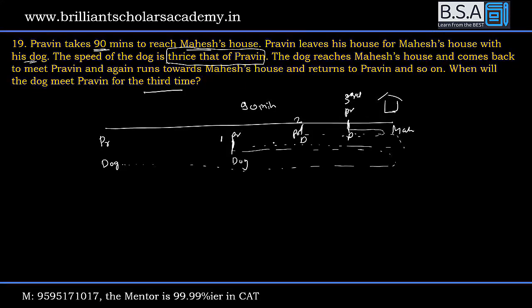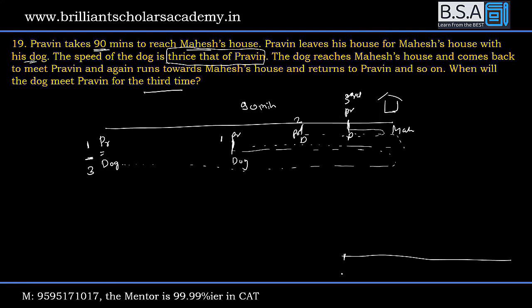So one beautiful thing we know is the speed ratio is 1/3. अगर प्रवीण का speed 1 है, the dog has a speed of 3. Now I want you to learn this part. In last lecture also I have covered. See, this is, let us say, a straight line.